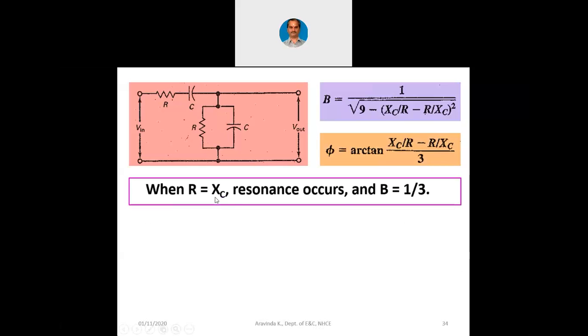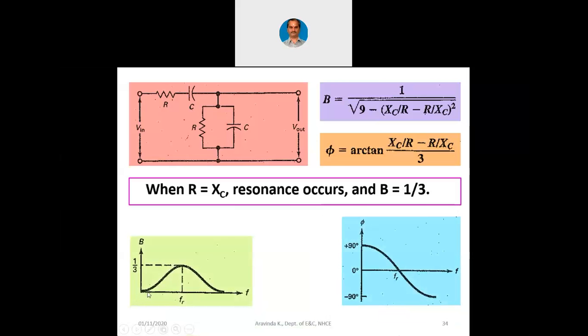When R equals Xc, resonance occurs. You can see here, we have Xc by R, R by Xc. When the resistance equals the reactance of the capacitance, that is when the resonance occurs. And when the resonance occurs, the feedback factor is 1 by 3. So you can see here, it will be square root of 9, it will be 3 because these two get cancelled. So the feedback factor beta is going to be 1 by 3.